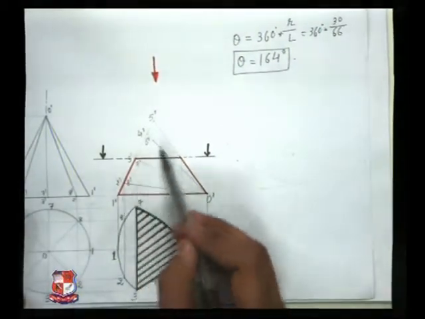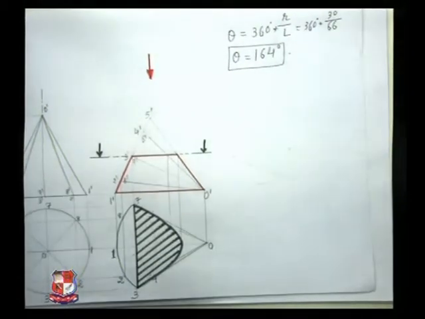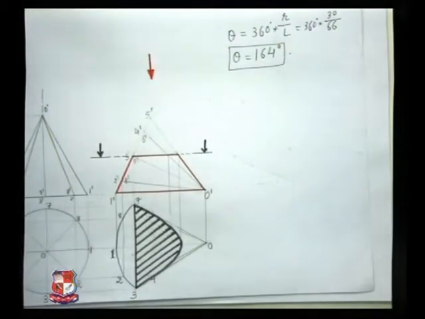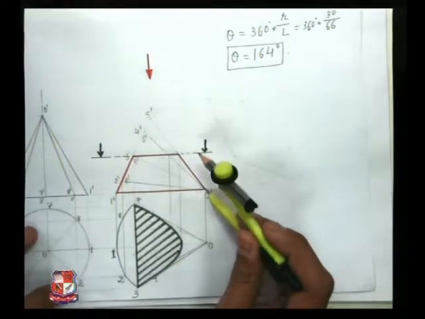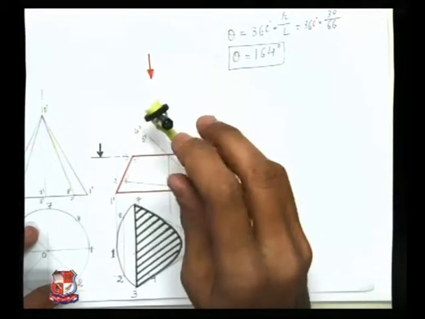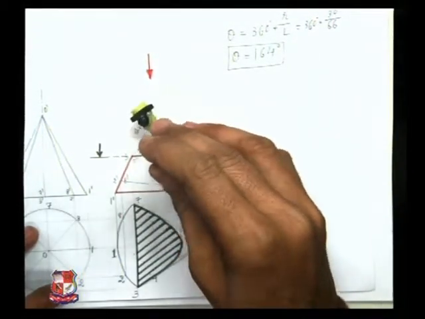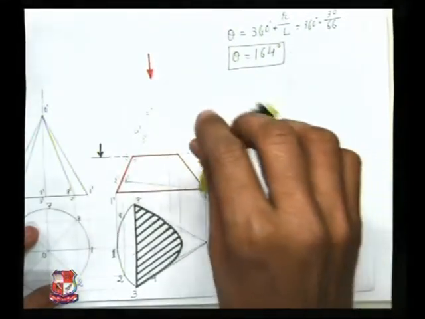Now we have to develop the outer surface of this cone if it is not cut anywhere. So for that, let me take O dash as a center, O dash to 5 dash, which is the true length of its slant edge, as a radius, and draw an arc like this. This is an arc.